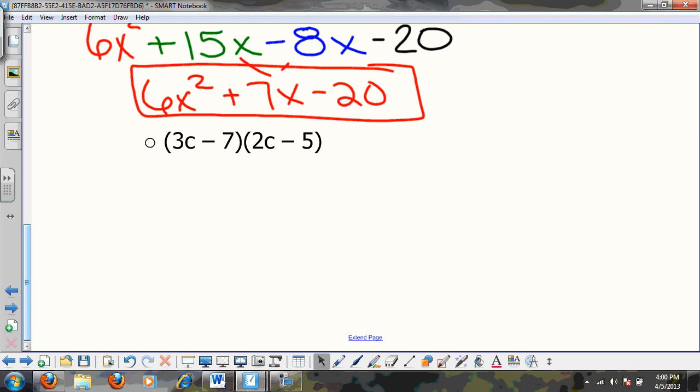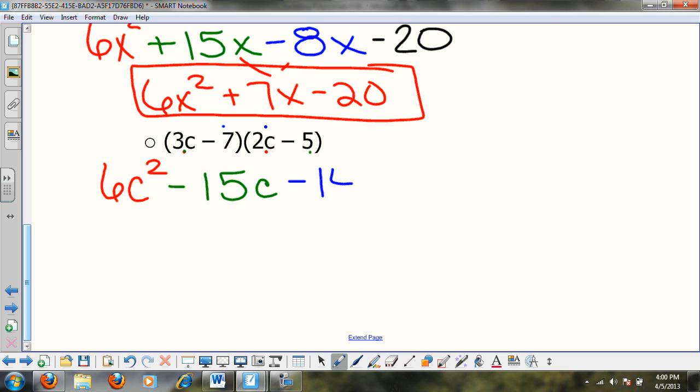One more. 3c minus 7 times the quantity 2c minus 5. First, 3c times 2c, 6c squared. Outside, 3c and negative 5, negative 15c. Inside, negative 7 times 2, negative 14c.